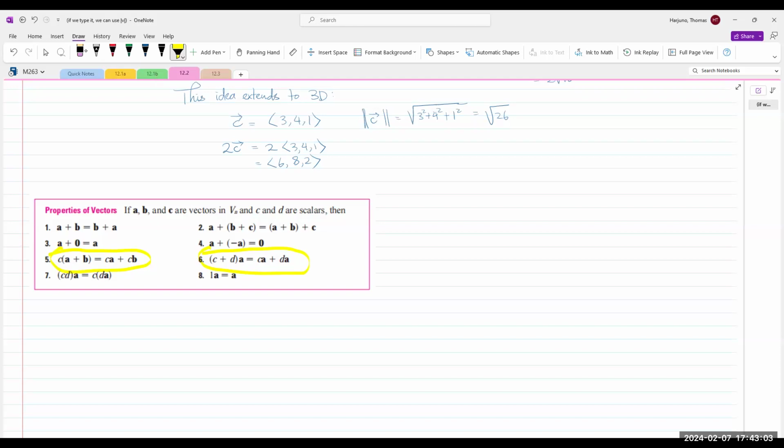Okay, number 7 and number 8, basically if you have a scalar multiple of a multiple of a vector, that's basically the same as multiplying the scalars first and then multiplying by that vector. Okay, by the way, what I meant by the other words here is actually an important idea.